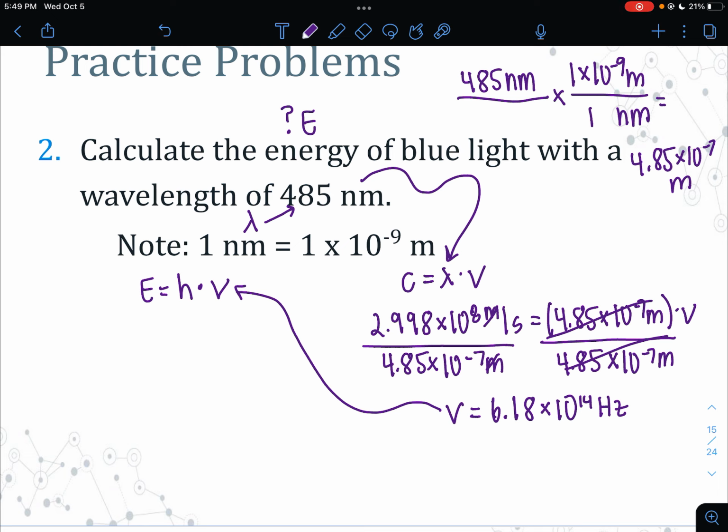Now we can take that number and plug it in to solve for energy. H is always 6.626 times 10 to the negative 34th joules times seconds. We'll plug in our frequency.